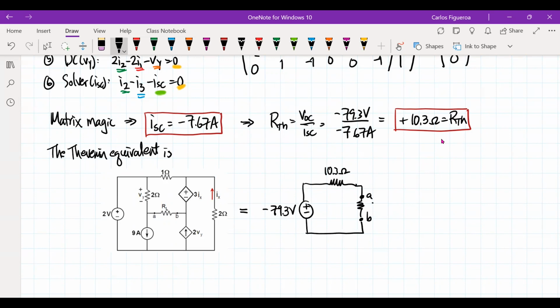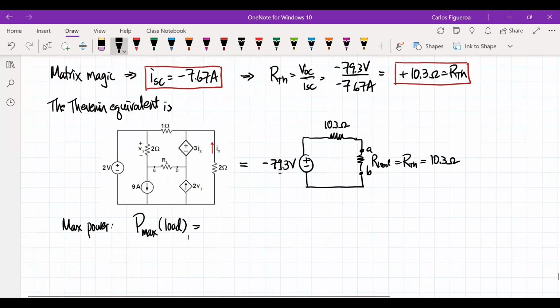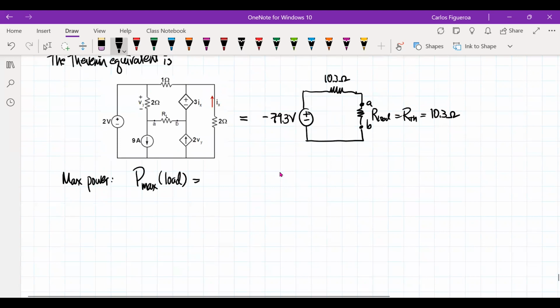So what load value gives you max? That's when this guy is equal to the Thevenin resistance. Okay, so now I have max power. So P max, the maximum power delivered to the load, is then going to be max when I get, note that this is in series, so I'm going to get the voltage across the load. So the voltage splits the load in half.